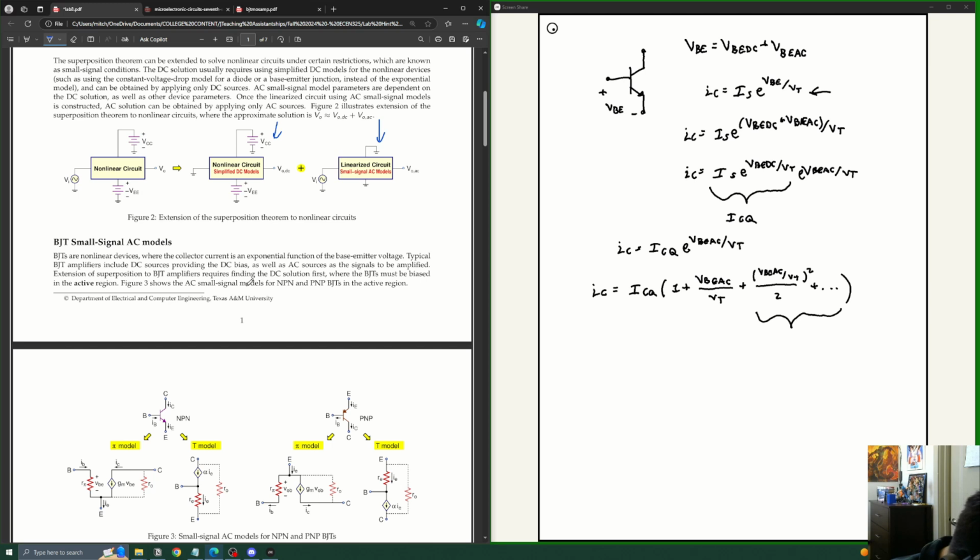So when we do this, this gives us IC is equal to ICQ plus ICQ divided by VT times VBE,AC. Sorry, not A, V. And when we do this, remember, we're just concerned about the AC part.